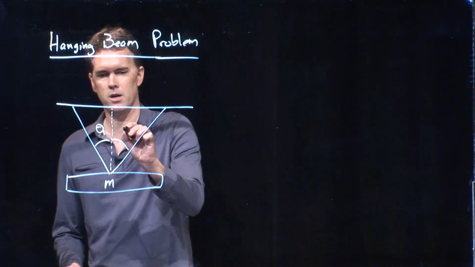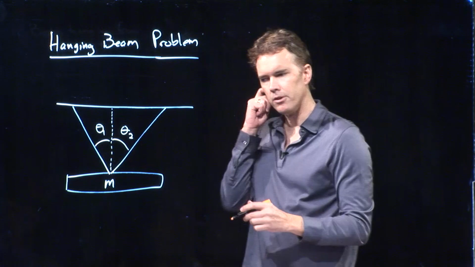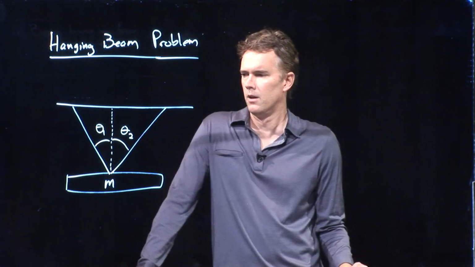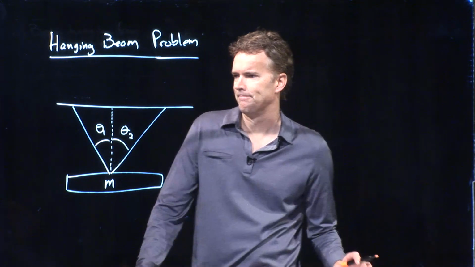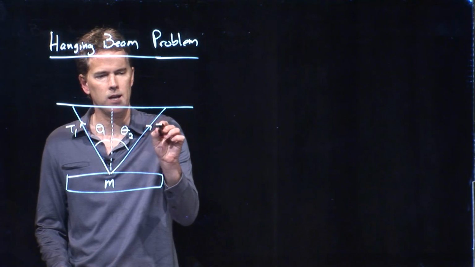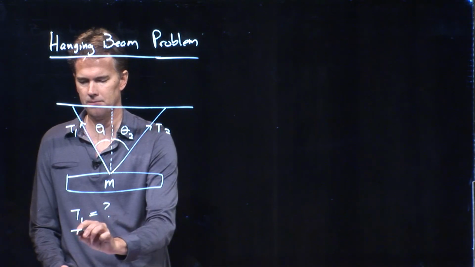That's theta 1. This is theta 2. Okay, and you would be given some numbers for both the mass and theta 1 and theta 2. So, let's see. We're wanting to figure out T1 and T2 in this system.